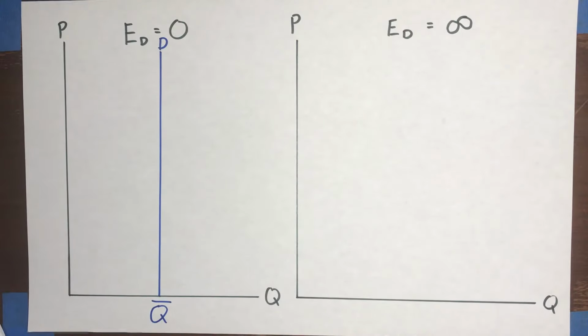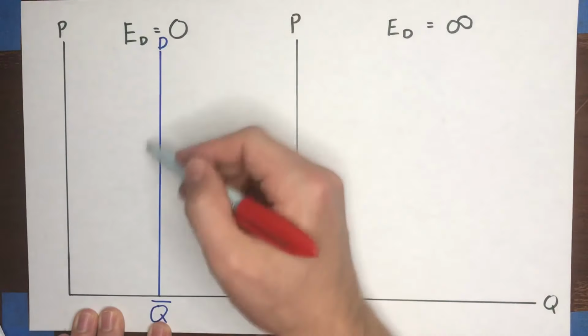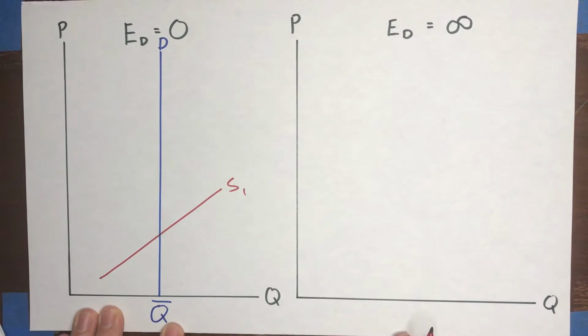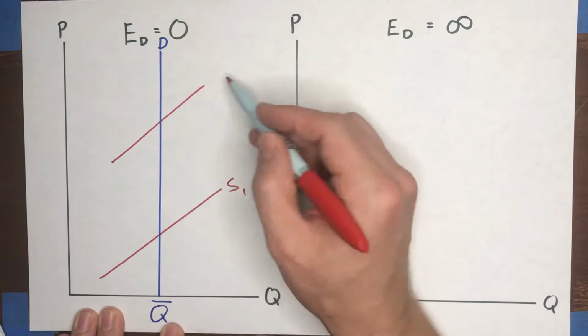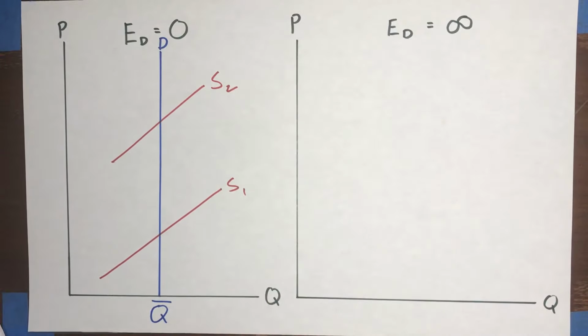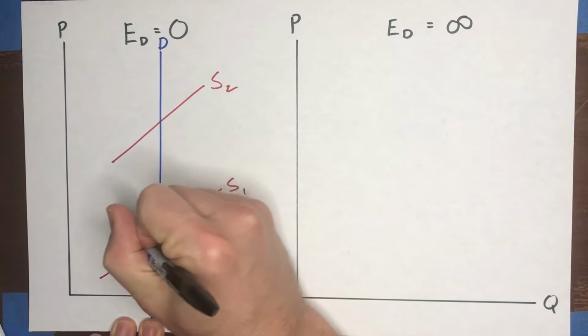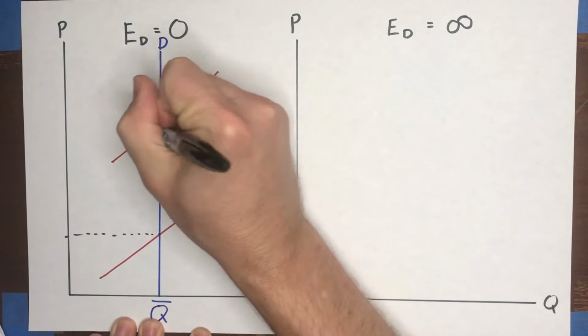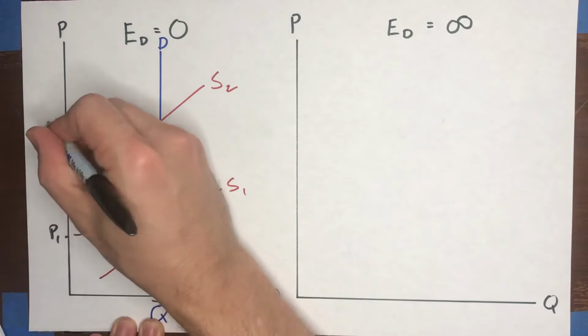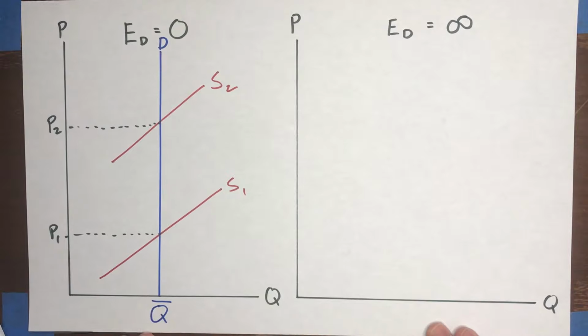If you have a perfectly inelastic demand curve, that's what we call this, by the way, perfectly inelastic, then if you had an initial supply curve there, and let's say that supply reduced to S2, nothing is changing in terms of the number of units that consumers want to buy, but the price is going to change. P1 is going to be relatively low, P2 relatively high.